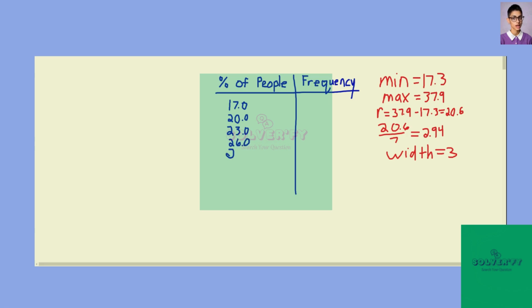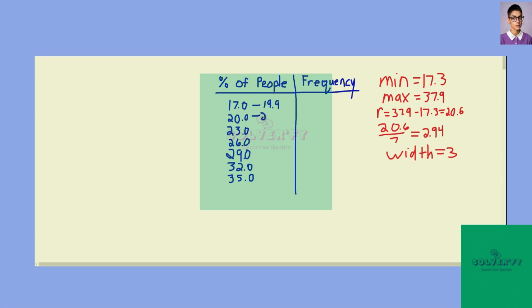Once we've done this, we can then go back and fill in our endpoints by seeing what number would come right before the next starting point. This is why it's going to be important to include our tenths place, because if you were only using the ones place, then you might think that this should be 19, but in fact it should be 19.9.